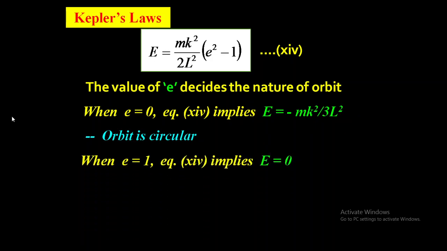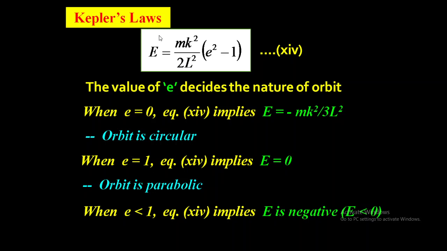Suppose e is 1. Then e square minus 1 is 1 minus 1, which is 0. So the value of energy E in equation number 14 is 0. It means the orbit is parabolic.